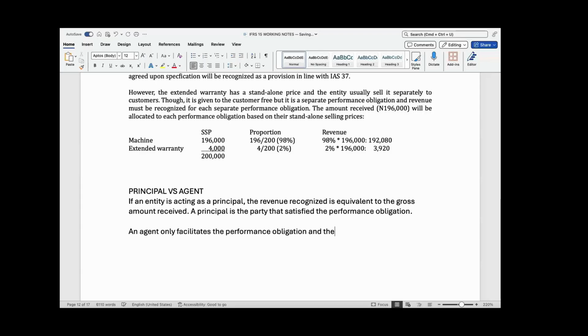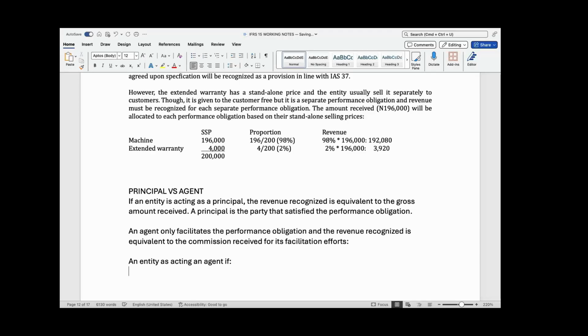And the revenue recognized is equivalent to the commission received for its facilitation efforts, if an entity is acting as an agent.